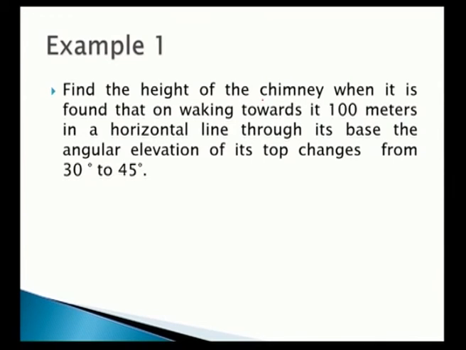Now, we will go to a problem which uses these trigonometric functions. This is a problem. In this problem, the height of the chimney is asked. Find the height of the chimney when it is found that on walking towards it 100 meters in a horizontal line through its base, the angular elevation of its top changes from 30 degree to 45 degree.